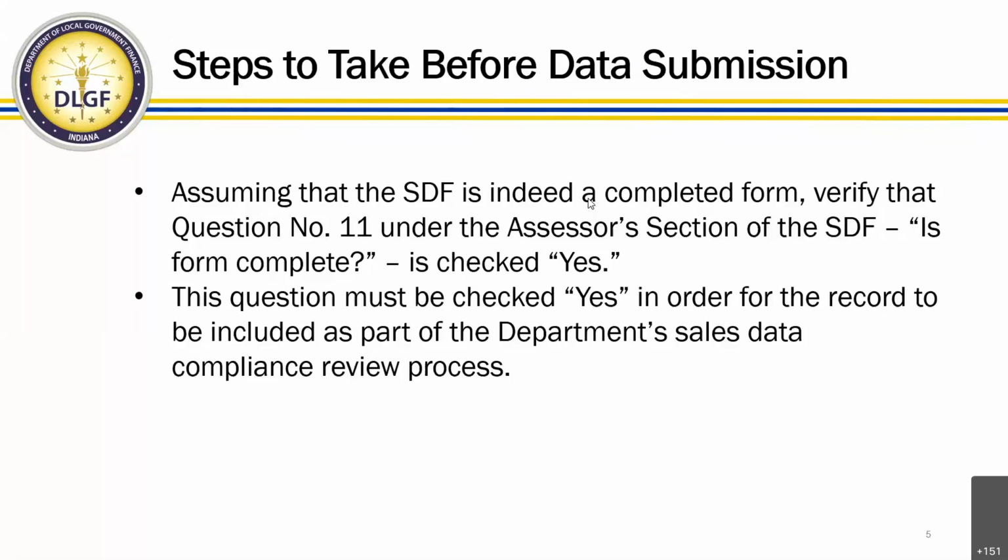You want to verify that if the form is indeed complete, that question is checked yes. The reason is that we use that criteria to pull the records from our database when we're doing our sales review.